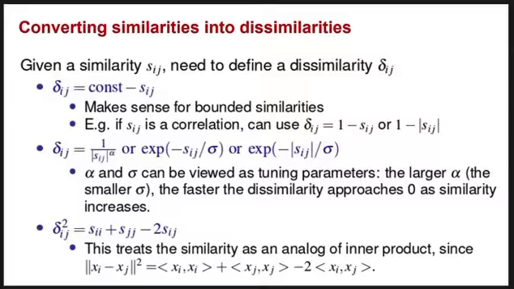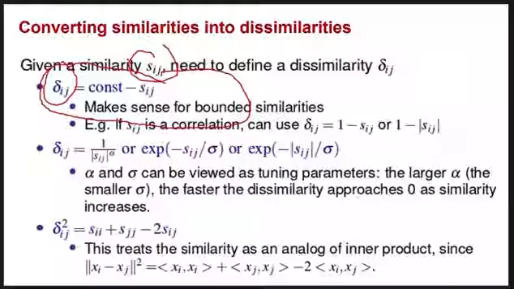The very first way to do that, okay? If I'm given a similarity measure, how do I determine a dissimilarity? I can do that. Look at that. Sij is the similarity. The similarity means the distance between object i and object j.